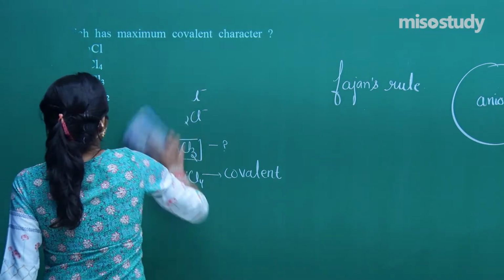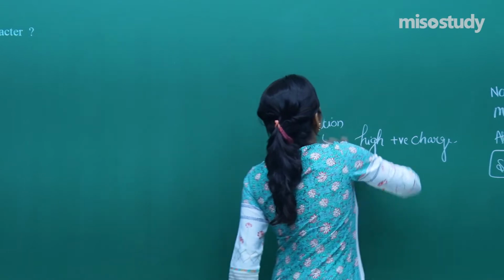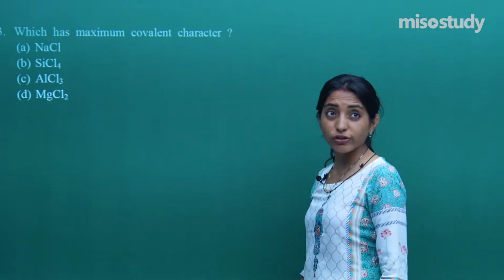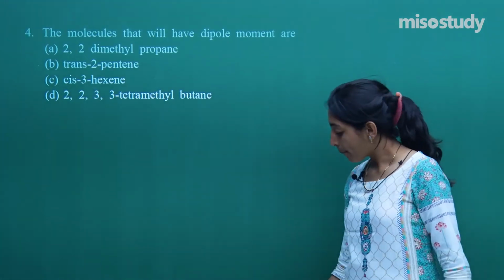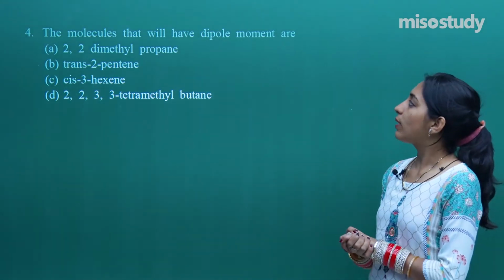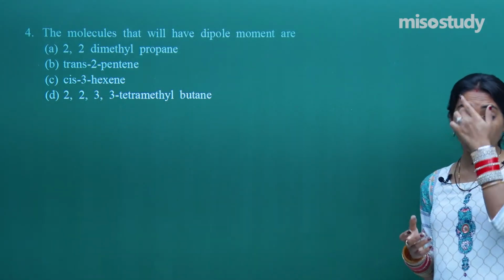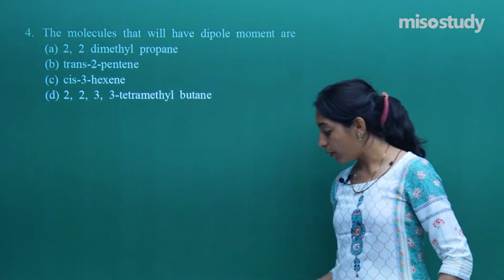Now having done with this, let's move on to another question, and this question is talking about the molecules that will have dipole moment. So now we have to figure out certain molecules which will be having a dipole moment.